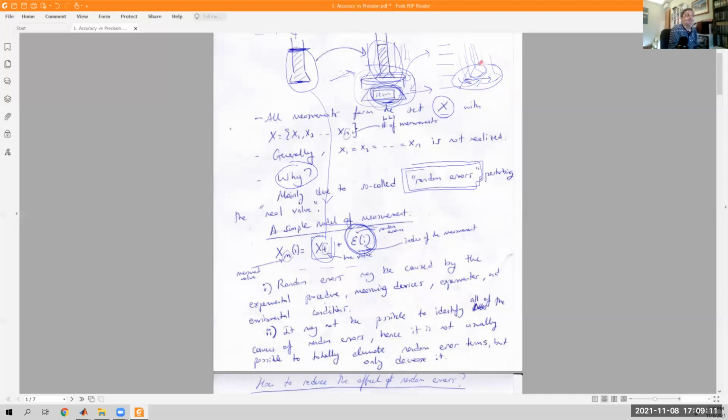For instance, the location of where you put your graduate cylinder on top of the weighing device or the balance may be one cause. So you may always put your container on the same spot. That may be one way of dealing with this random error. This is going to decrease the variance of random error.